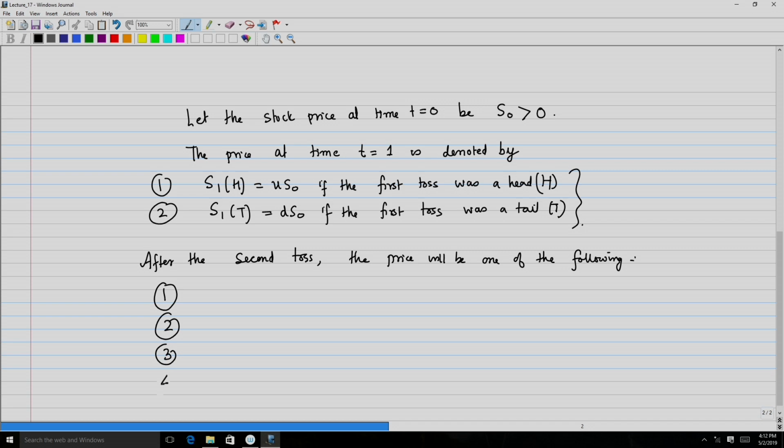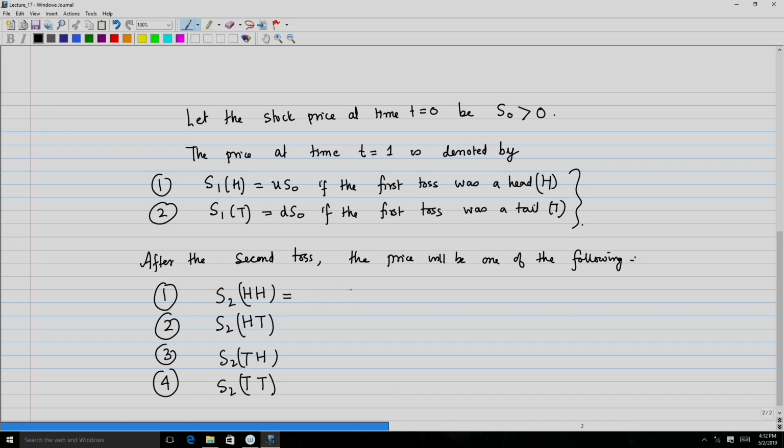Suppose the first toss was a head; then it will be followed by either a head or a tail, and if the first toss was a tail, it will also be followed by either a head or a tail. This is the complete exhaustive list. So there are 4 possible values of S2, depending on the sequence of outcomes of 2 coin tosses.